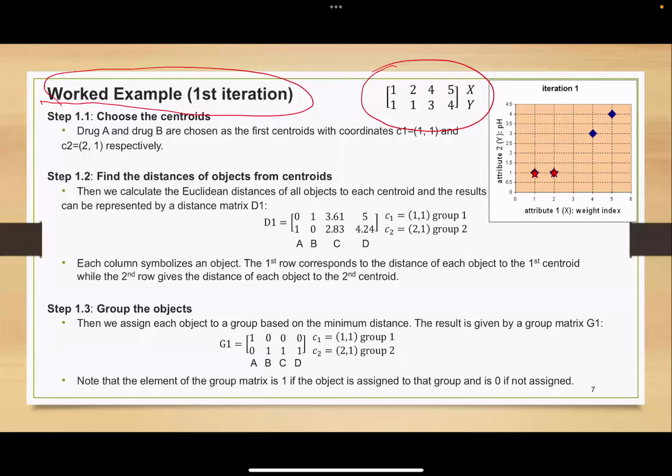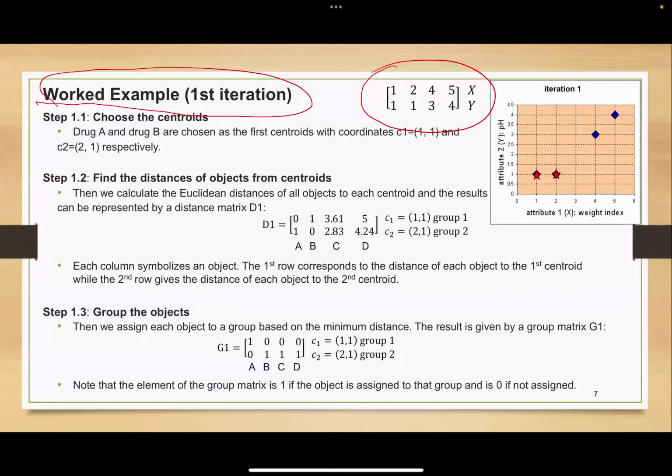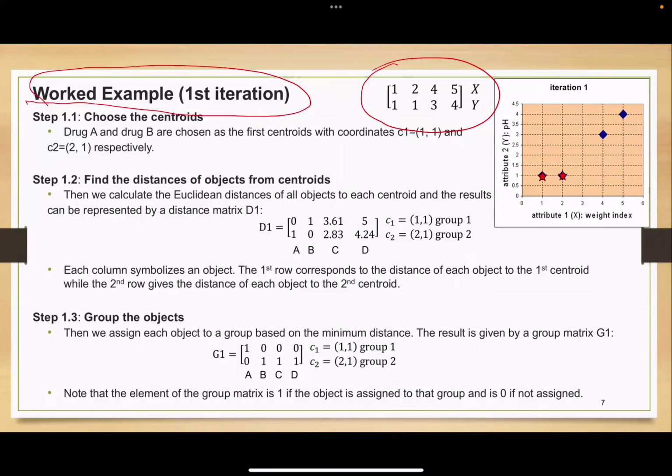Let me write them here: 1, 1; 2, 1; 4, 3; and 5, 4. Here are the data points.